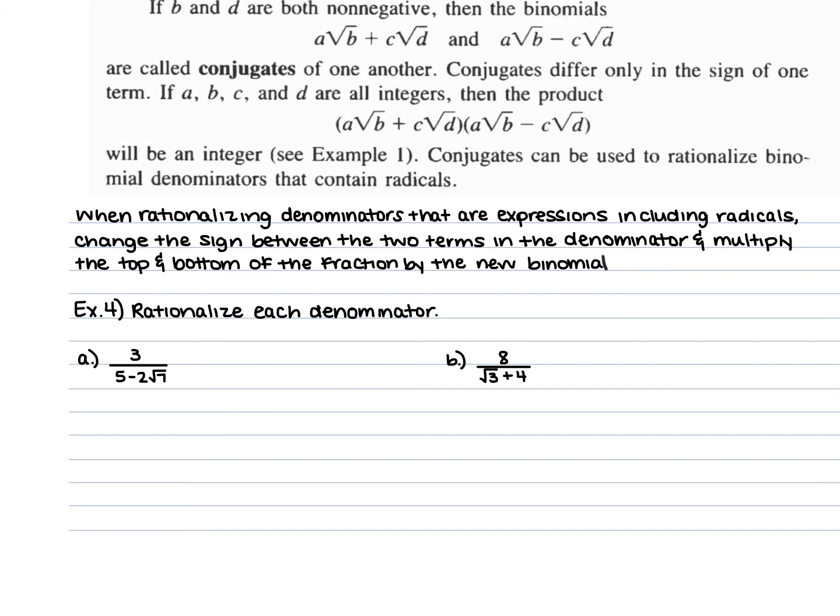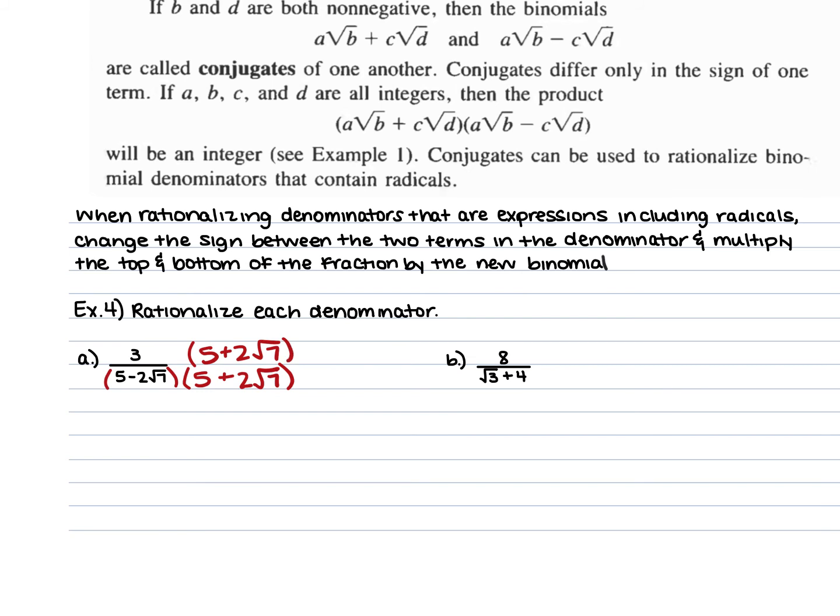So you're going to keep the two terms, but change the sign between them. So this 5 minus 2 square root 7, we're going to keep the 5. We're going to keep the 2 square root 7. The sign we started with was subtraction, so we're going to put addition between the two. What we do to the bottom, we do to the top as well. So we'll multiply the top by 5 plus 2 square root 7 also.